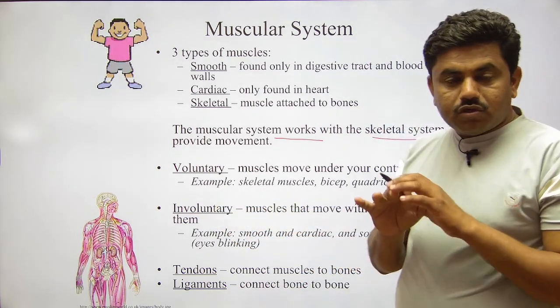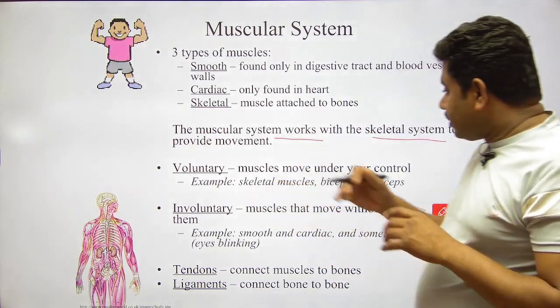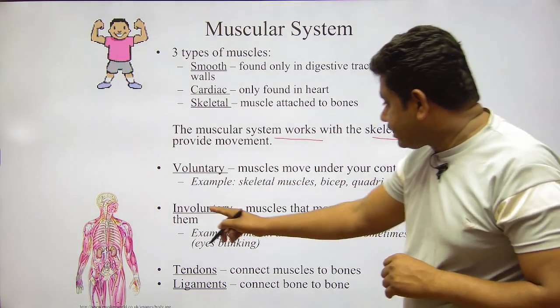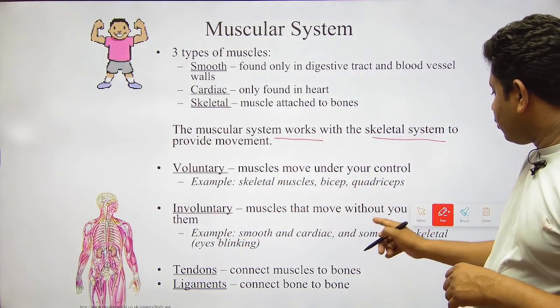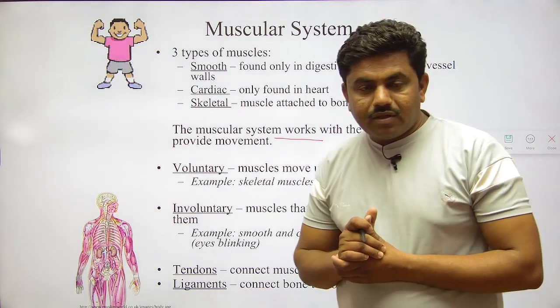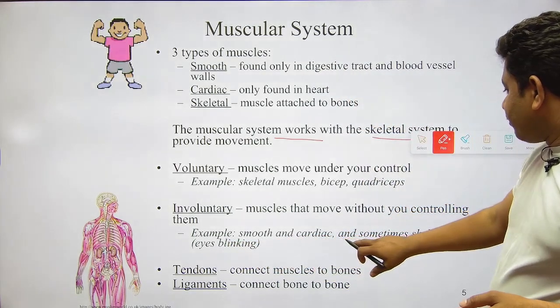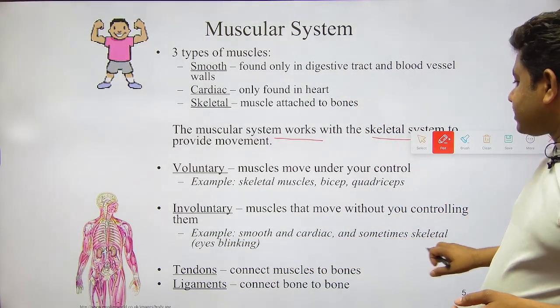Involuntary: even if we don't want to move it, it moves automatically, and that's why those muscles are known as involuntary, the muscles that move without you controlling them. Which muscles are there in our body? Let's see. Example: smooth and cardiac, and sometimes skeletal.